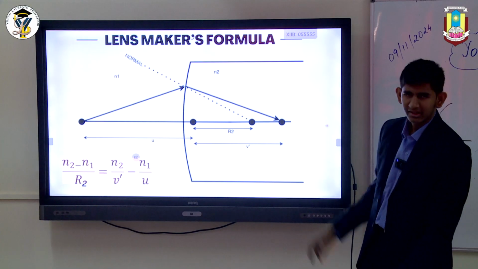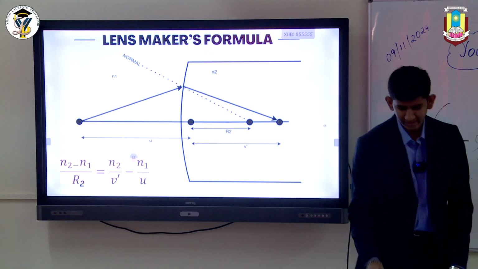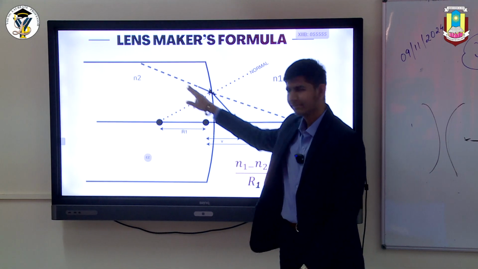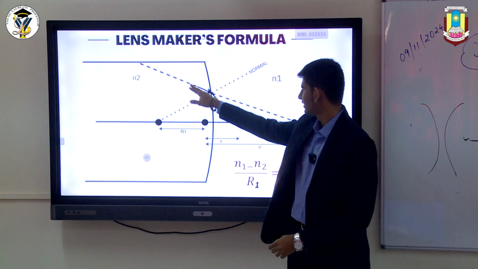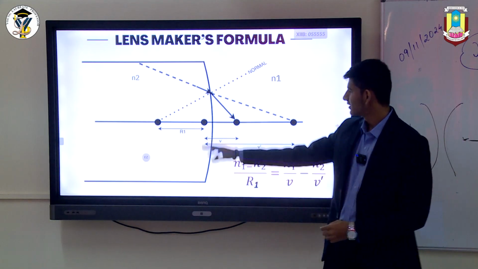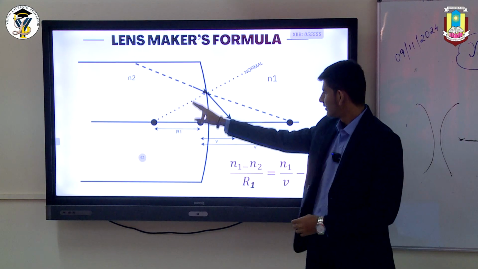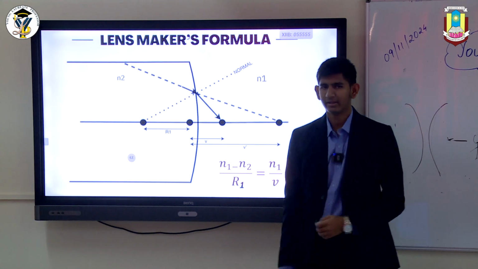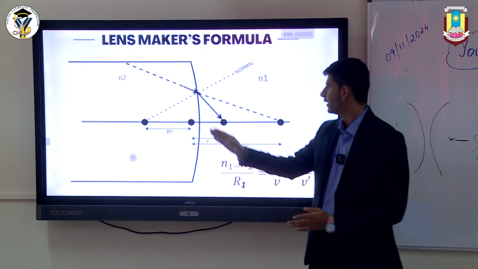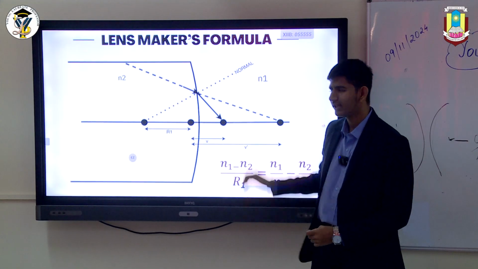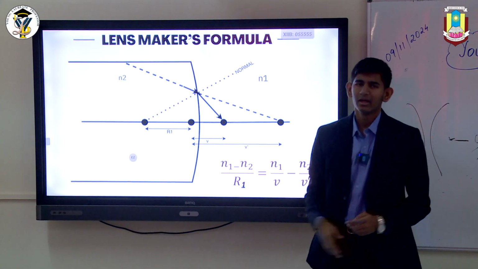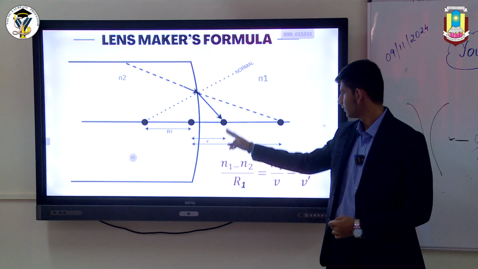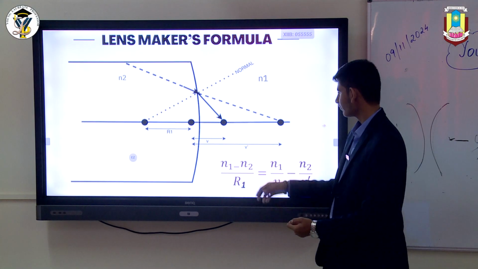Now, since we have considered the first face, let's consider the second face. As I already showed you, there is already a refracted ray. This ray again, due to the change in medium, is going to refract, and since this time it's going from a denser medium to a rarer medium, it's going to refract away from the normal, and let's say it hits this point here closer to the lens.